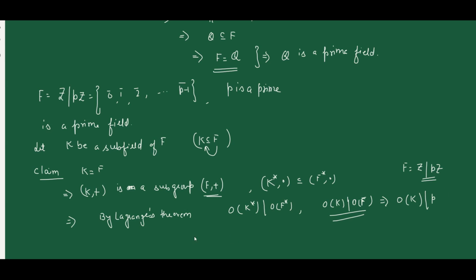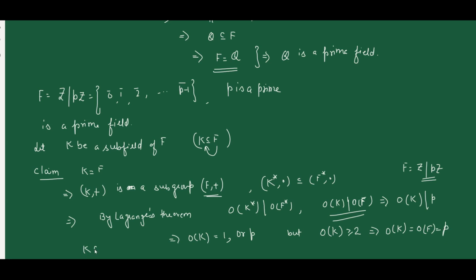P is prime, so this implies order of K is either 1 or P. But you know that a field has at least 2 elements and K is a subfield, so K has at least 2 elements. So order of K must be equal to order of F, which is P. So what do you conclude?